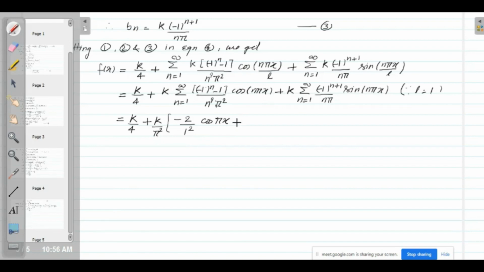So for the even case this will be 0. So for the odd case minus 2 by 3 square, cos 3 pi x. Then the next term will be minus 2 divided by 5 square, cos 5 pi x, and so on. This is for the first term.